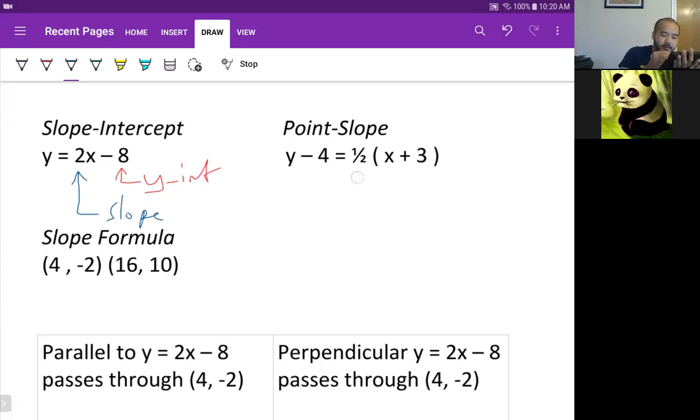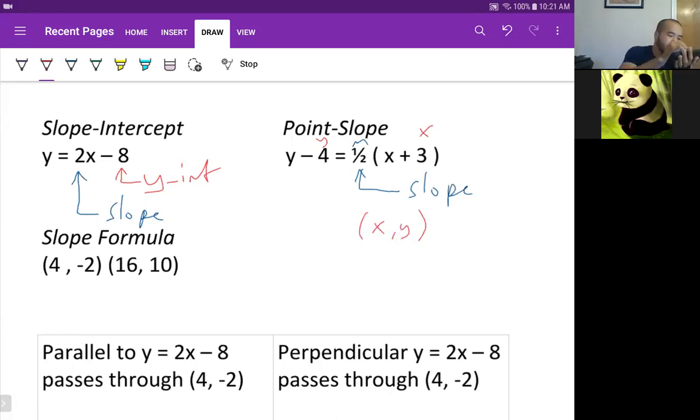So over here, your slope is 1/2. This is your m, and then you have this point here. This is your x, this is your y. You have x, y.